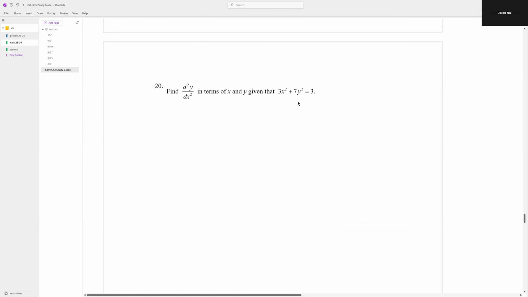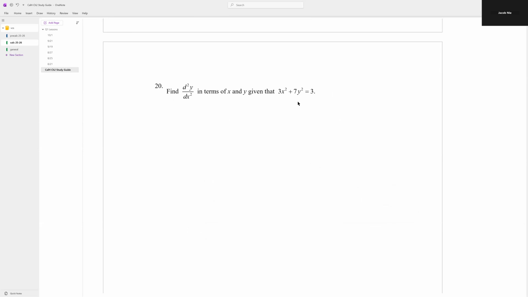Okay, this is quite an interesting question. Maybe one that we haven't actually really seen before. This one has us finding the second derivative of y given a function including x and y.